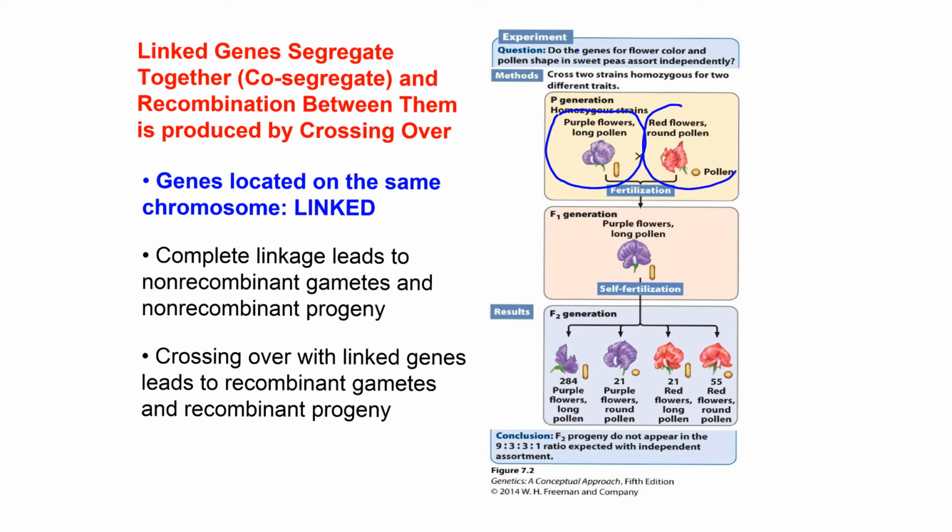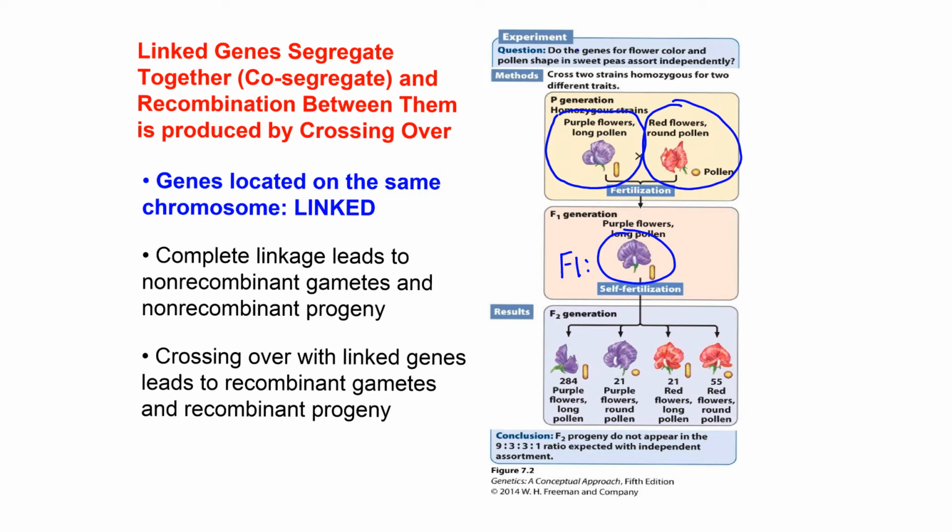So color of flower and shape of pollen are two genes which are located on the same chromosome. If you cross two purebred plants, you get an F1 generation which resembles the dominant parent, so up to now phenotypically this cross follows Mendelian inheritance.